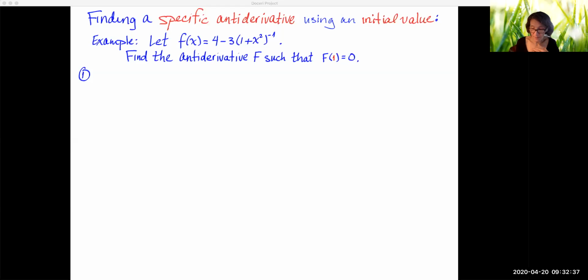So step 1 is to first find the general antiderivative. So I want you to try that. Just come up with the general antiderivative. Everyone should try step 1.